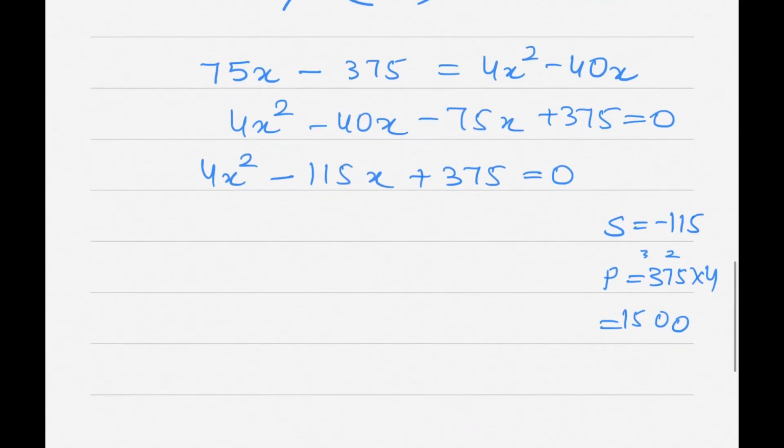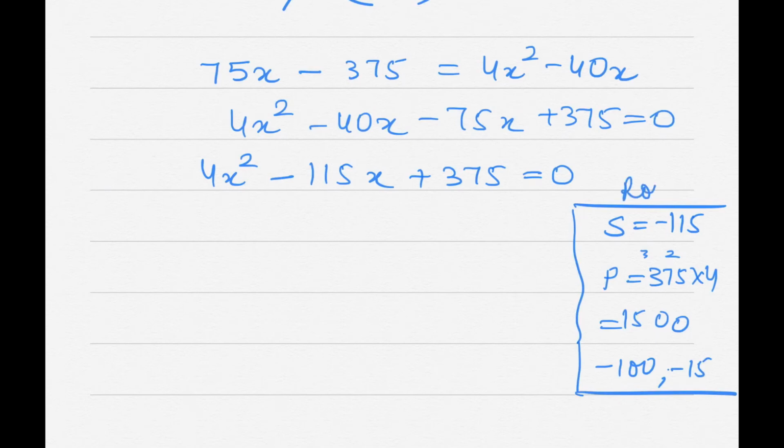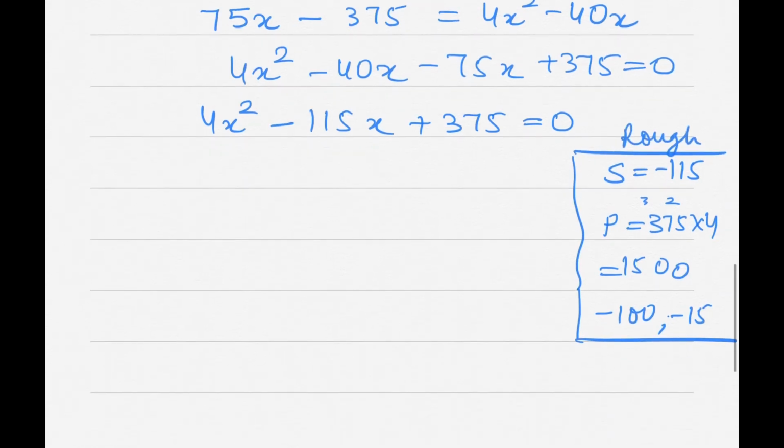Okay, so I can clearly see that my numbers would be minus 100 and minus 15, right? So the sum would give me minus 115 and my product would give me 1500 positive. Okay, so this is my little bit of rough work here.